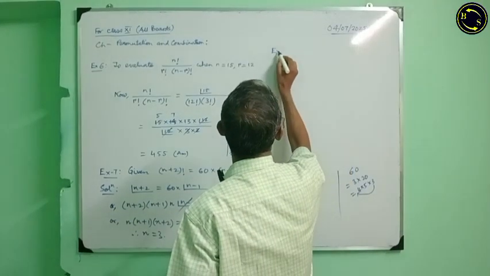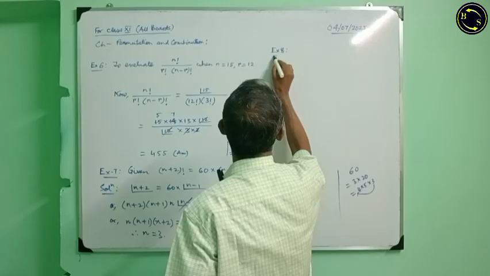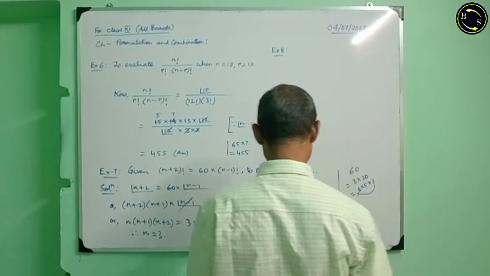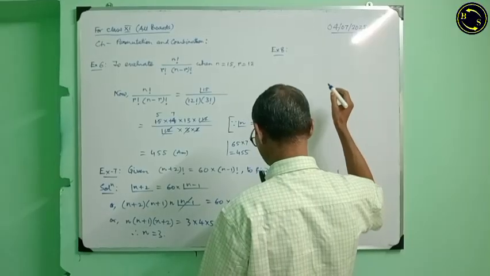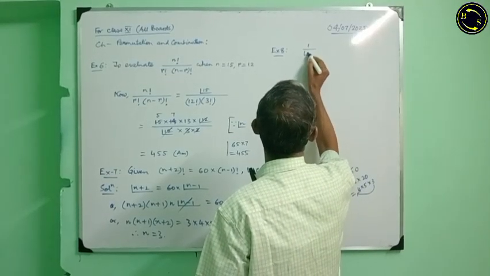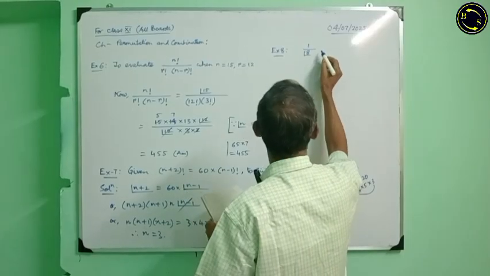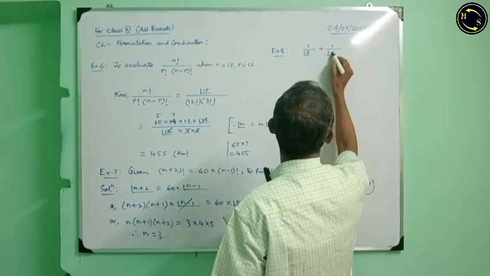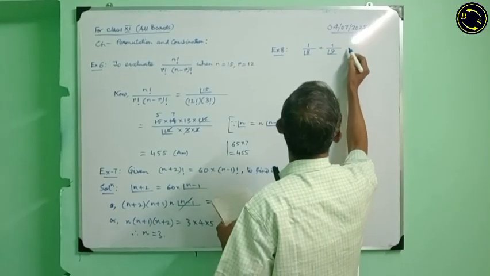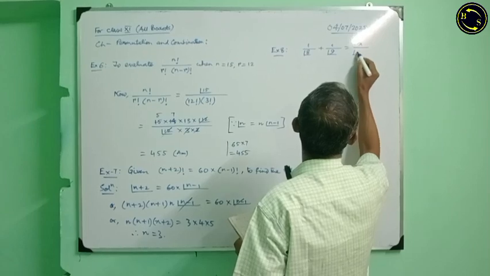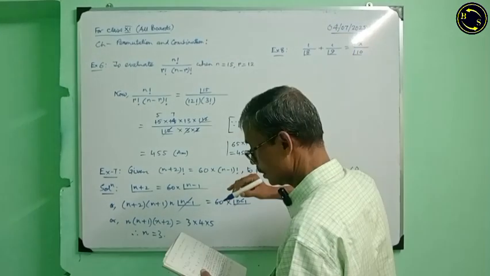Example 8. 1 by factorial 8 plus 1 by factorial 9, that is equal to x by factorial 10.